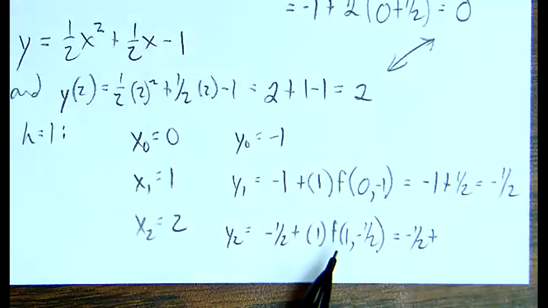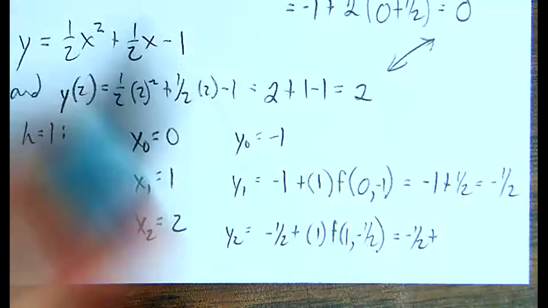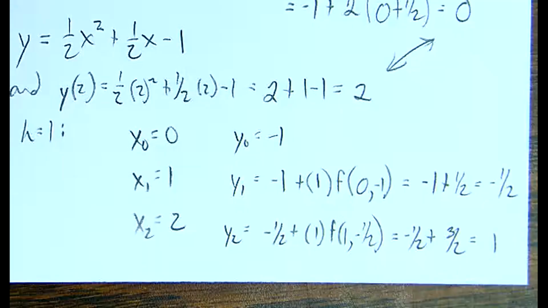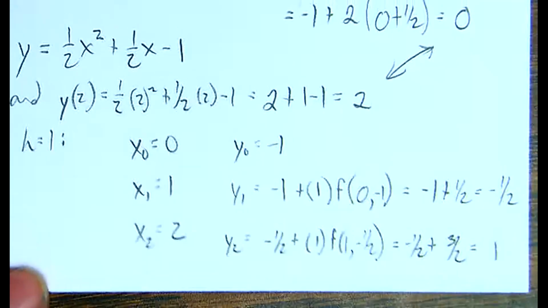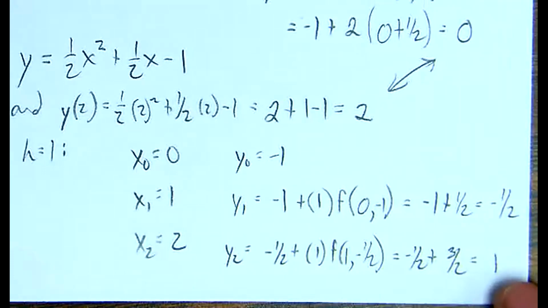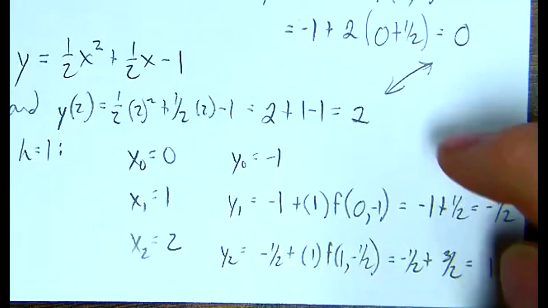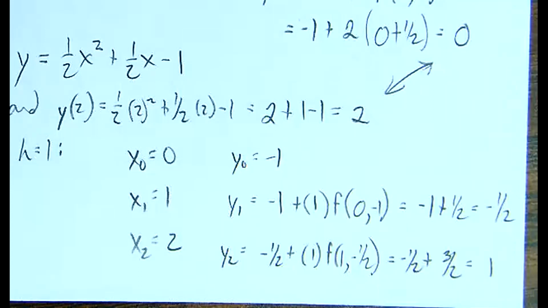And evaluating f at this value, remember f was x plus a half. So 1 plus a half is 3/2. And so I get an estimate of 1. So my new estimate is 1. The actual value is 2. I think we can all agree that 1 is a better estimate than 0. But 1 is still not particularly good.